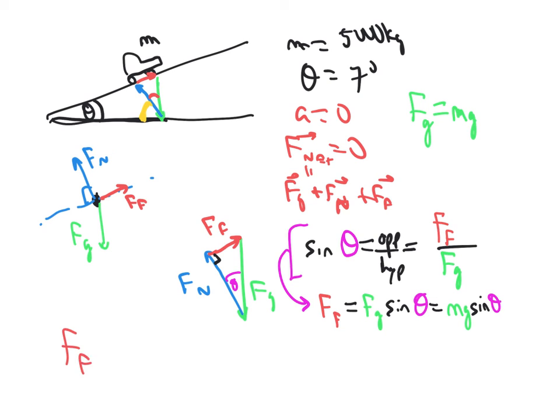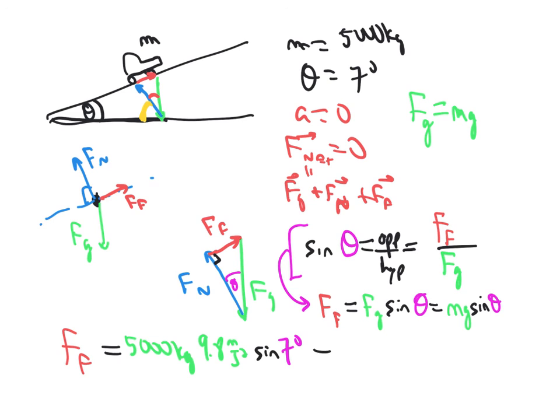So FF is, for my truck, 5,000 kilograms times 9.8 meters per second squared. That's F sub G. Times the sine of the angle, which was 7 degrees.